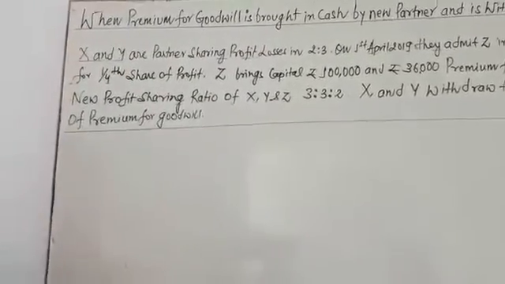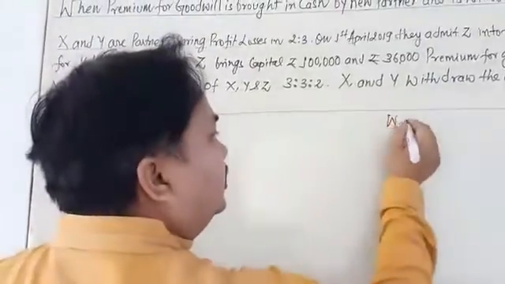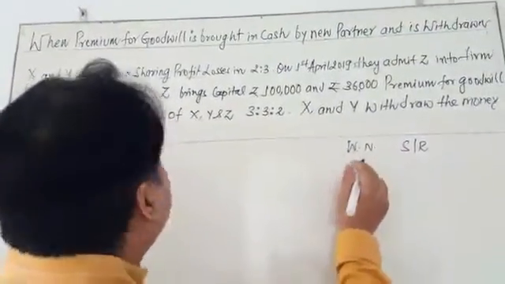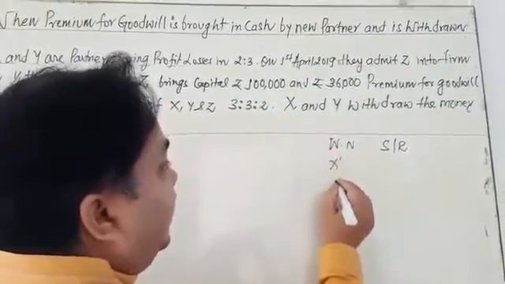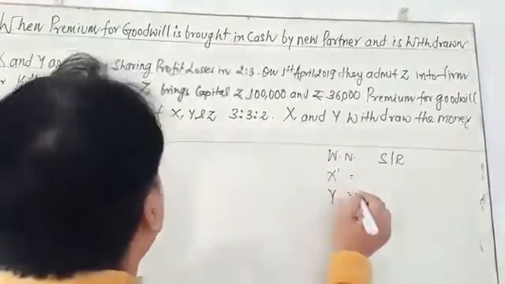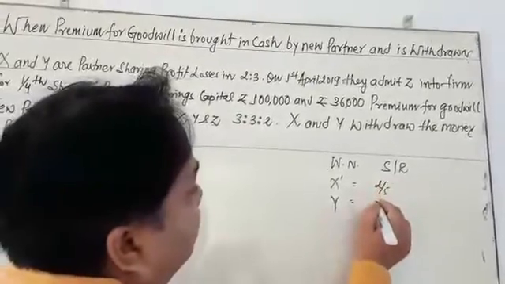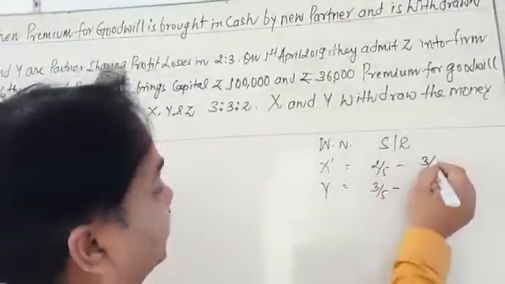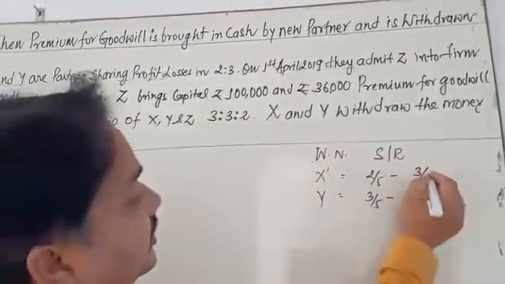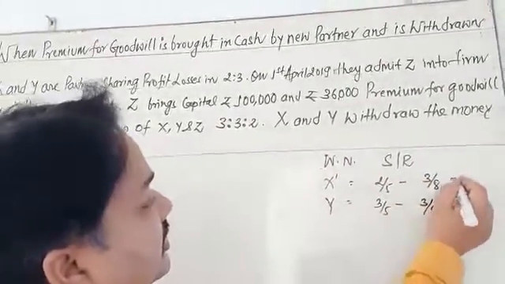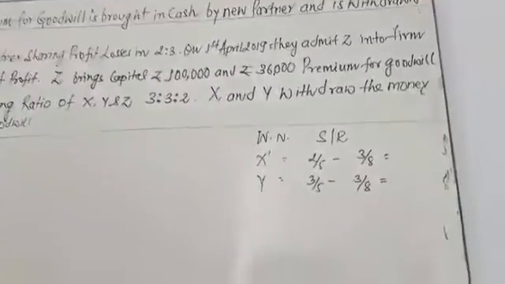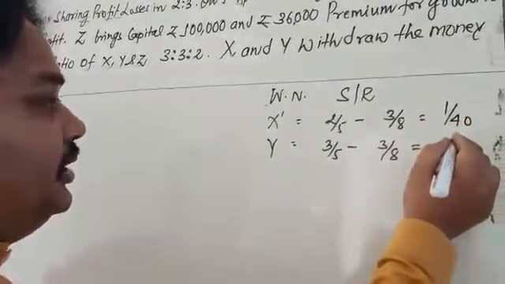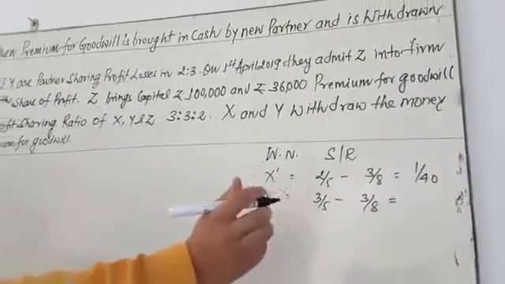Working note means we are going to calculate the sacrificing ratio of X and Y. X's sacrifice is 2/5 minus 3/8, and Y's is 3/5 minus 3/8. Reducing with 40 as the denominator, the values are 1/40 and 9/40.